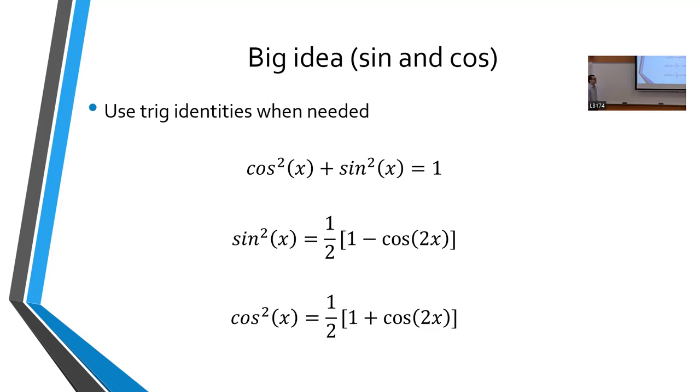The biggest trig identity is going to be that top one. Cosine squared plus sine squared equals 1. Sometimes that's called the unit circle identity or Pythagorean identity for trig functions.